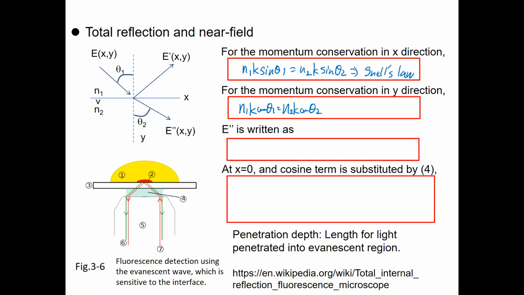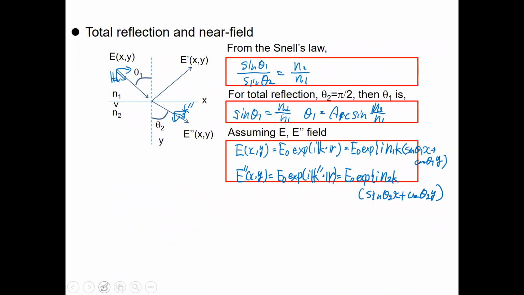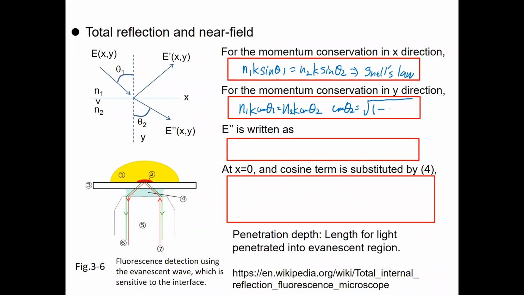And you can solve for cosine theta 2, which is, of course, the square root of 1 minus sine theta 2 squared.